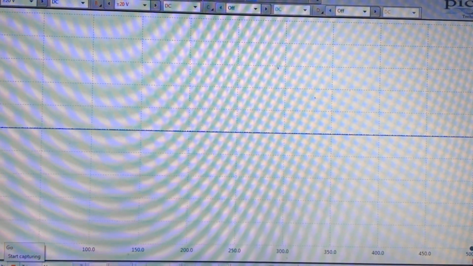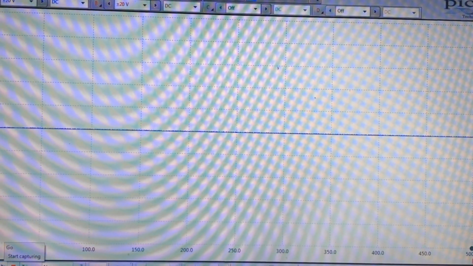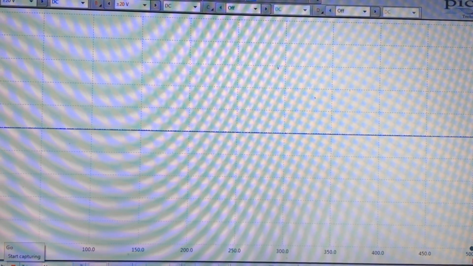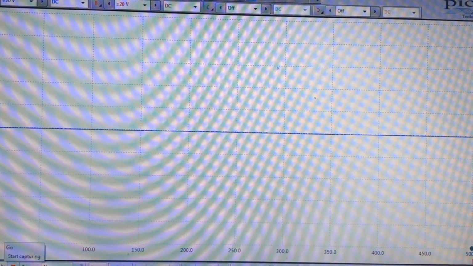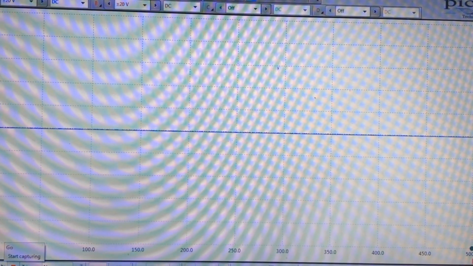As I say, we're connected to the scope, so I'm going to now crank the engine again, and you'll see the signal, or you may not see the signal. We'll see if there's been a signal generated by the sensor.